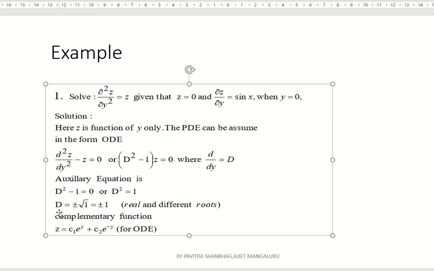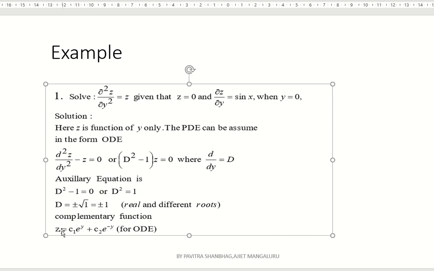So how to write it? See here, we have to express z in terms of y, because it is d by dy here. So z equal to c1 e power y plus c2 e power minus y. Okay, z in terms of y.